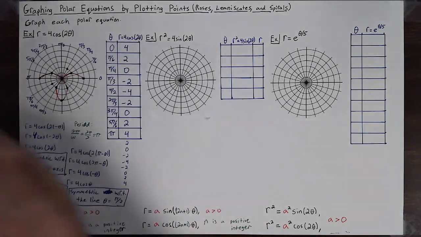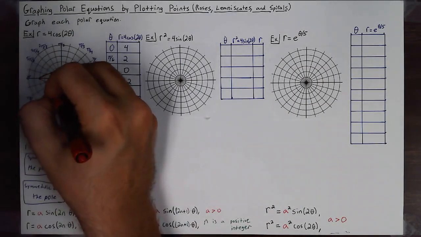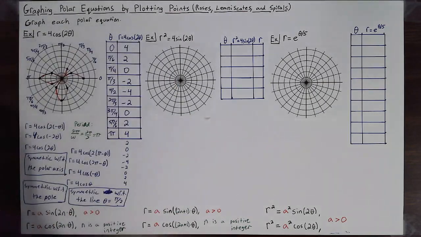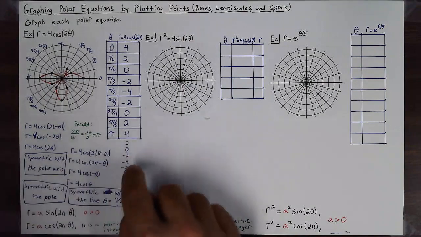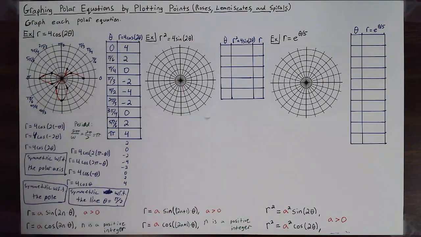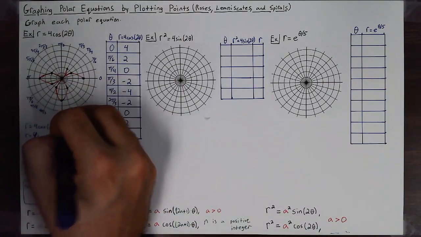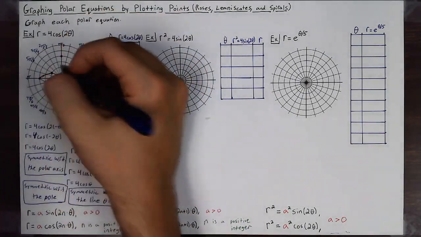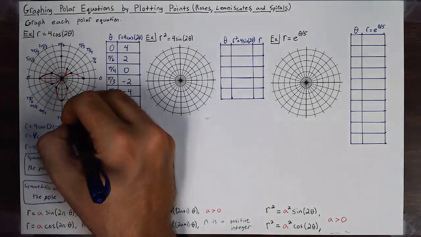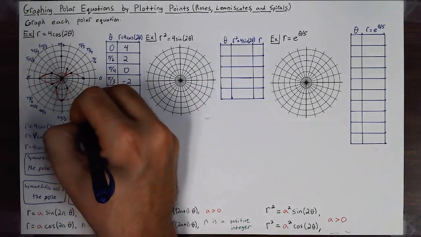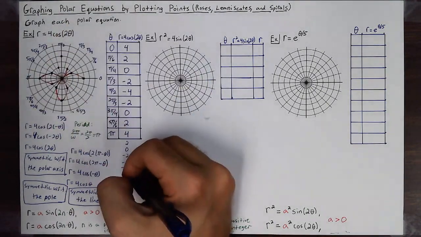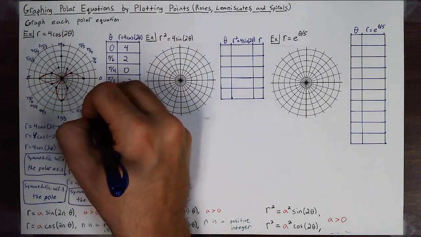So again, following this curve, it actually goes through this point, through the origin, then back up through this point. And then from negative 2, we go to negative 4 at 3 pi over 2. And then to negative 2 at 5 pi over 3. So this point, but straight across to negative 2. Then back to 0 at 7 pi over 4.